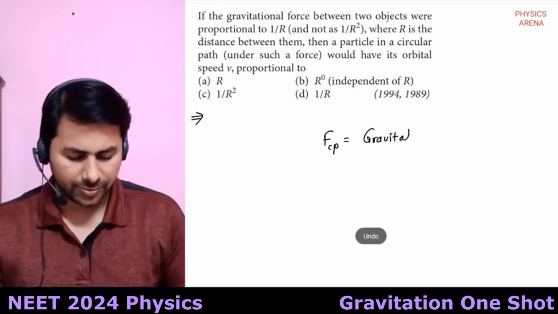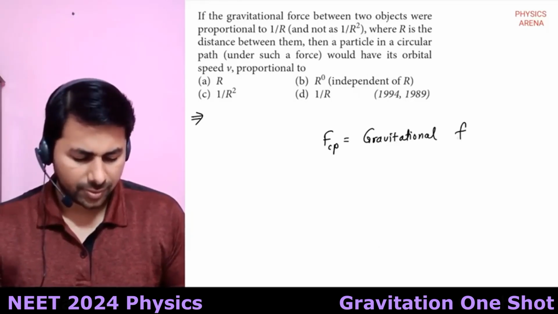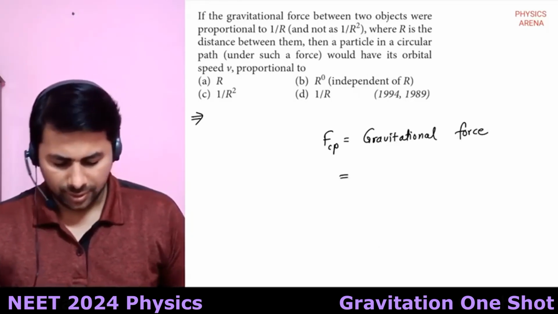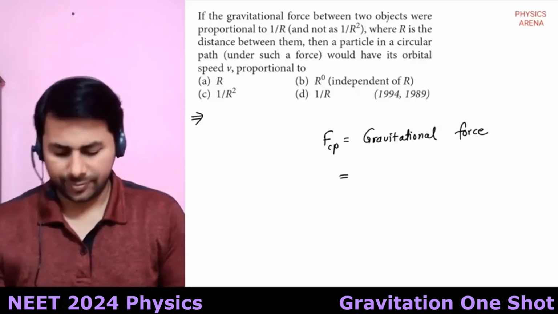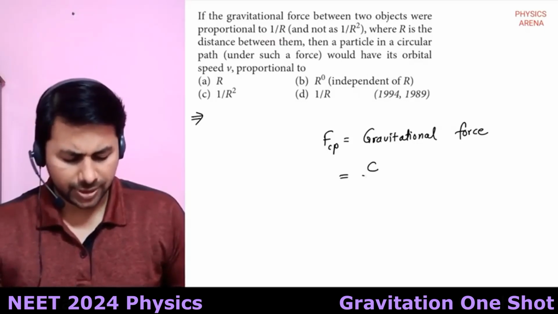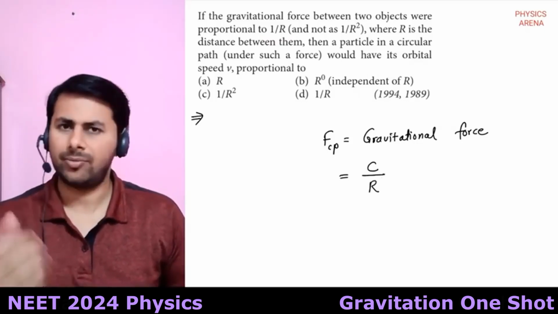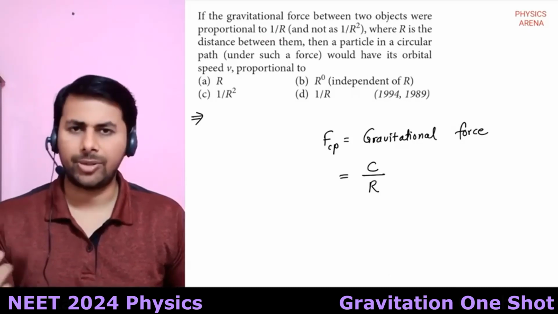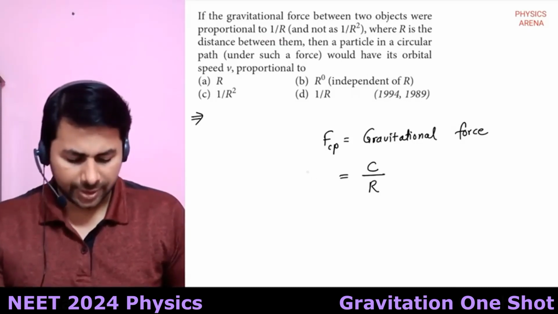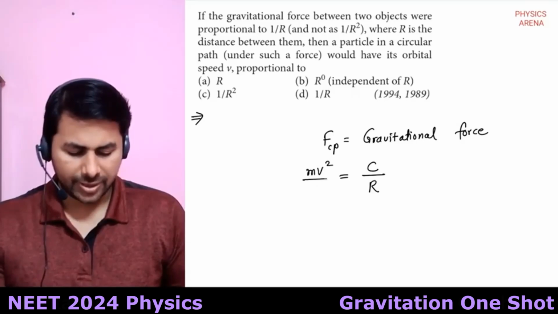Okay, gravitational force. The question is whether it is proportional to 1 by r. So suppose it is constant upon r, proportional to 1 by r. Then what will happen to the speed? Centripetal force is mv square upon r.